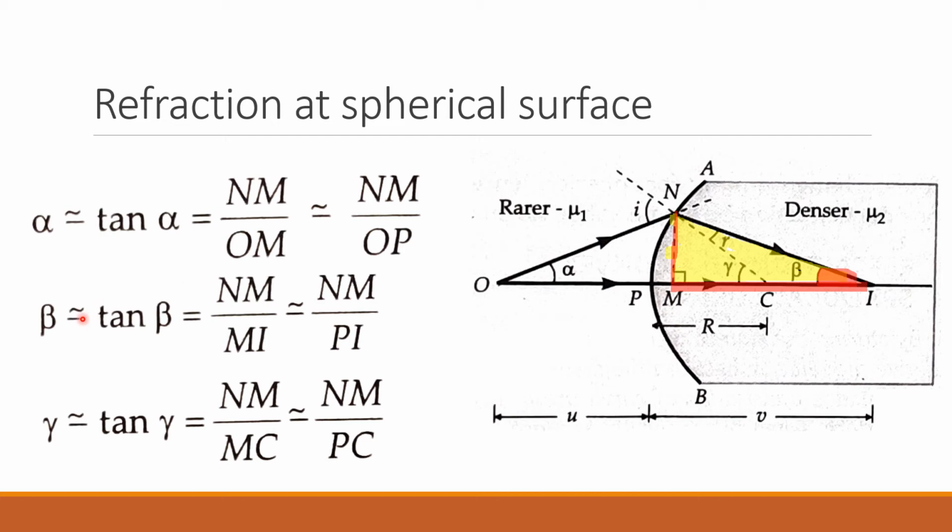Since beta is also a very small angle, I can write beta approximately equals tan beta, which equals NM by MI. Again, M and P lie very close to each other, so instead of M I can write P here. So my beta can be written as NM by PI.